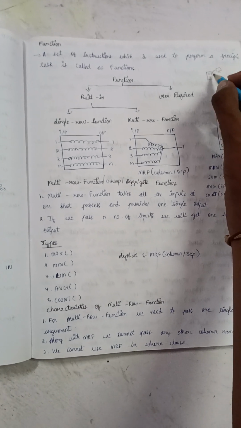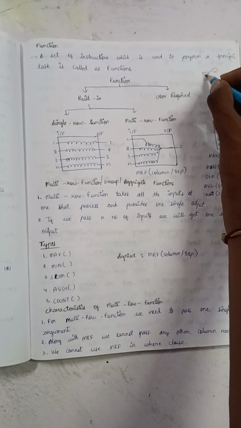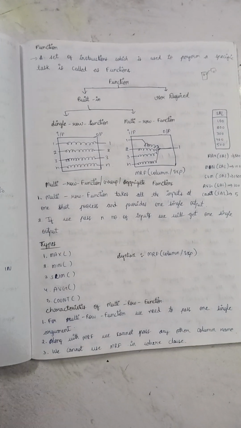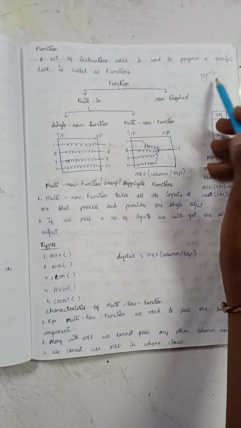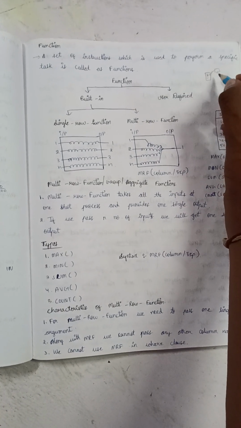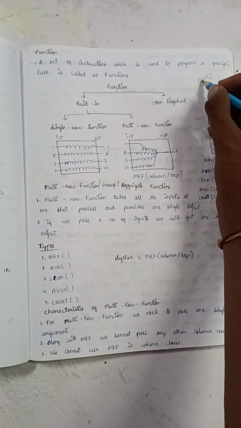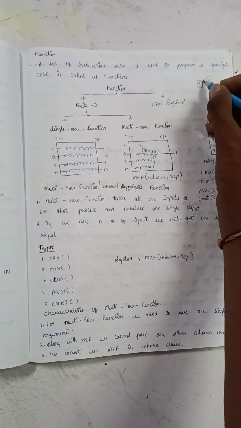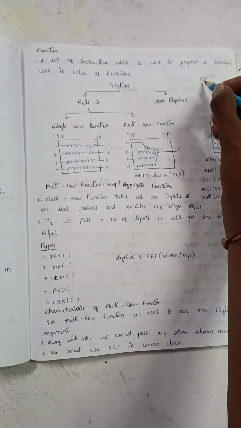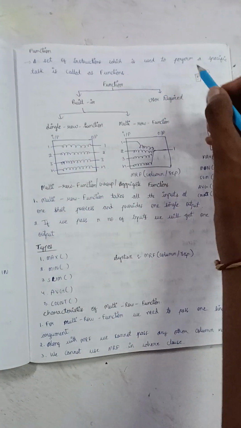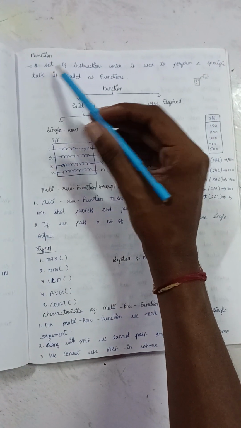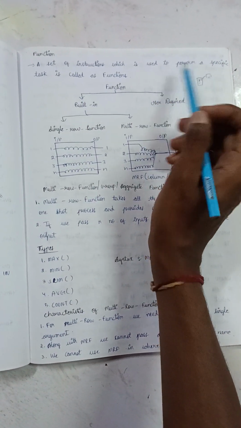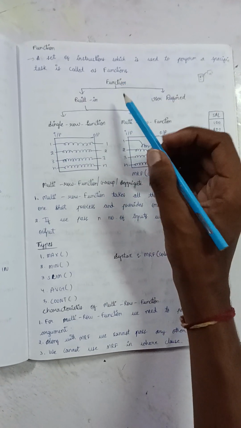The plus symbol is used to increase the volume and the minus symbol is used to decrease the volume, because a specific task is given to that button. So a set of instructions which is used to perform a specific task is called a function.